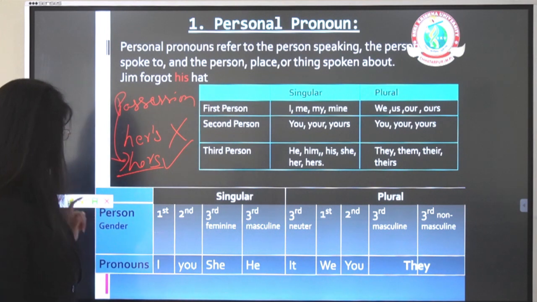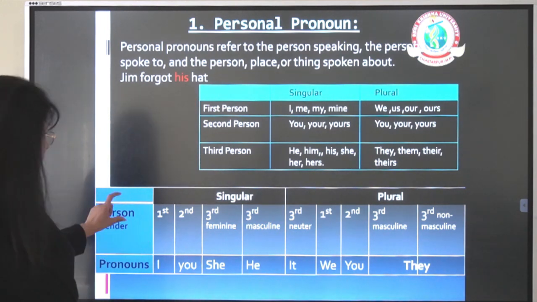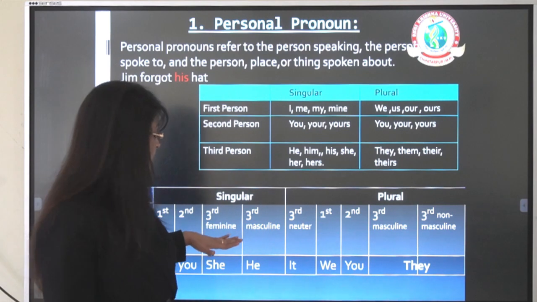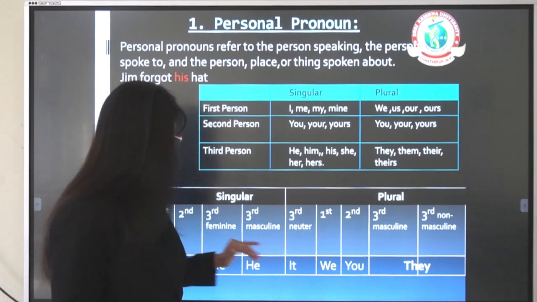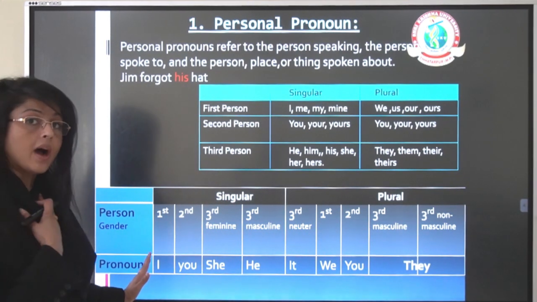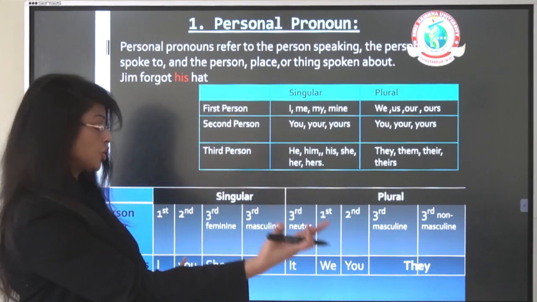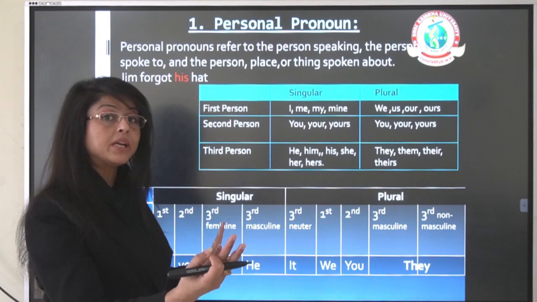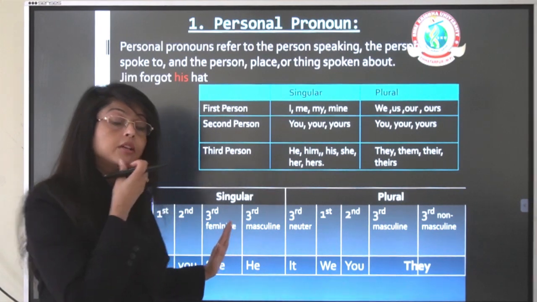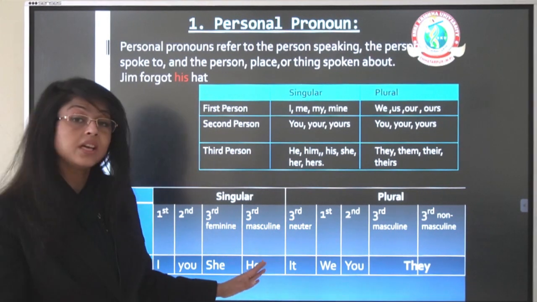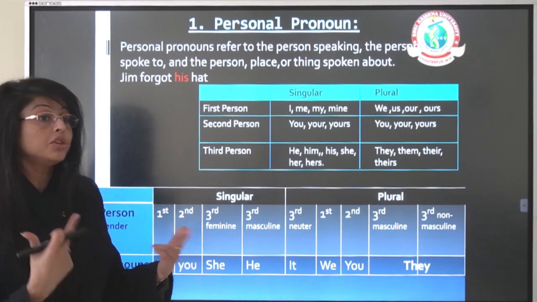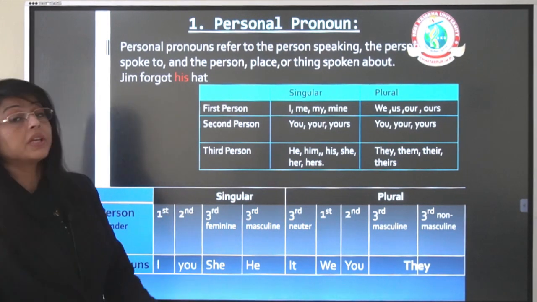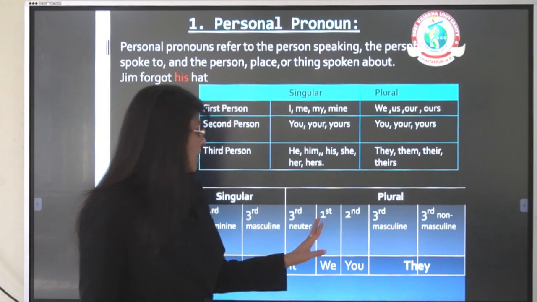If you see person-wise, the person first, the gender, we are taking feminine, masculine and neuter genders. So first person, I, second person, you, third person in feminine gender, she, third person in masculine gender, he, third person in neuter gender, generally most of the living things, it.